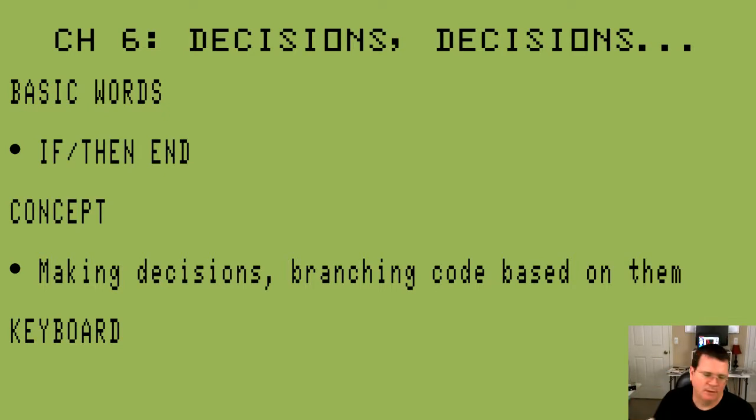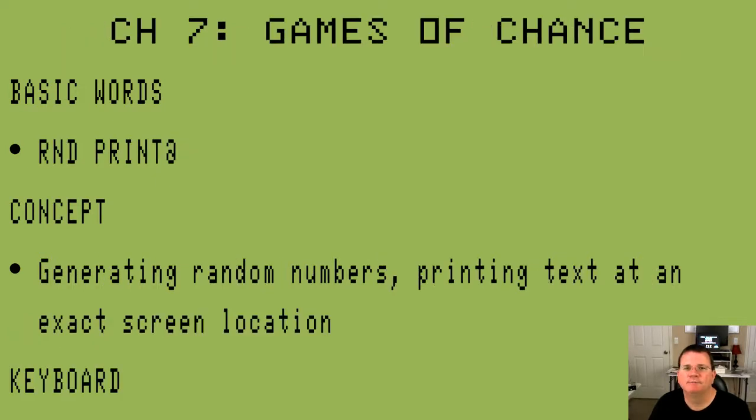If they didn't answer red or blue, then tell them, quit playing around and give me what I want to know, and go back and keep asking them until I get what I want. Lots of different things going on there. So I call that branching your code, going off in different directions based on the decisions you make by comparing either string values, which is text, or numeric values, which is just numbers. You can do an if-then decision and then do something based on the results of that decision.